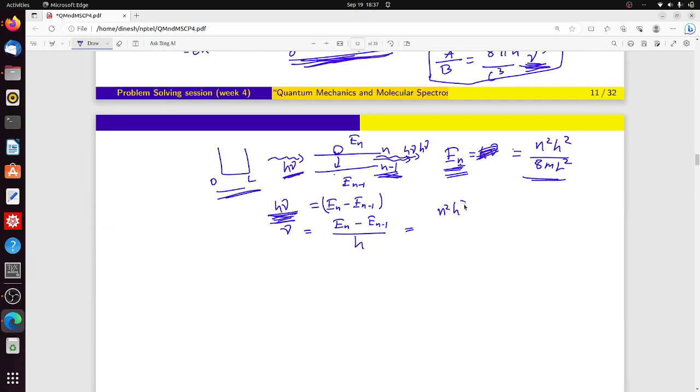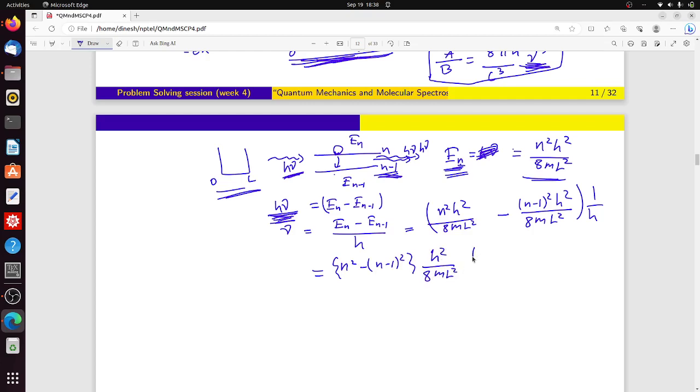N square h square by 8 m L square, right? Then En minus 1 will be n minus 1 square h square by 8 m L square, right? And in the denominator we will have this h. So I can take all the common factors out. Then this will be n square minus n minus 1 square, times h square by 8 m L square, by 1 over h, right?